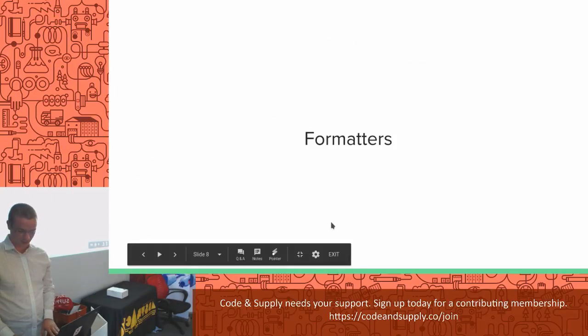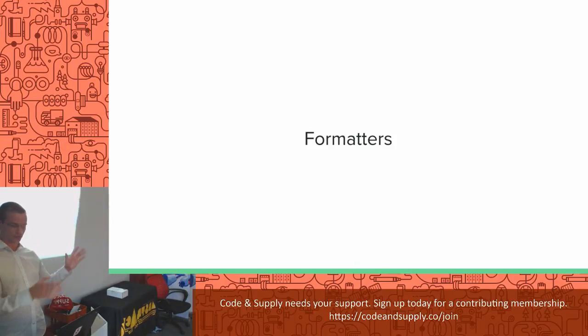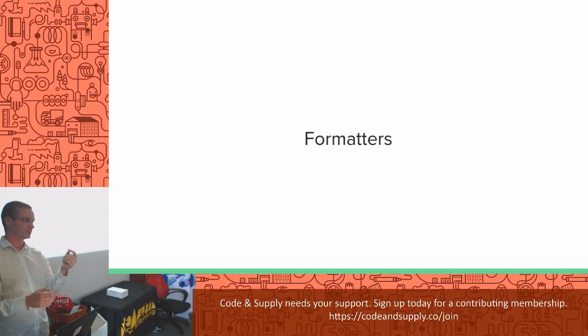Now we're going to talk about formatters, and in my mind, formatters are the next level after linters. Ideally, for me, a formatter should automate the process. So instead of putting a linter in your git commit hook, you would put the formatter in the git commit hook and just let it do all the things that you already care about.